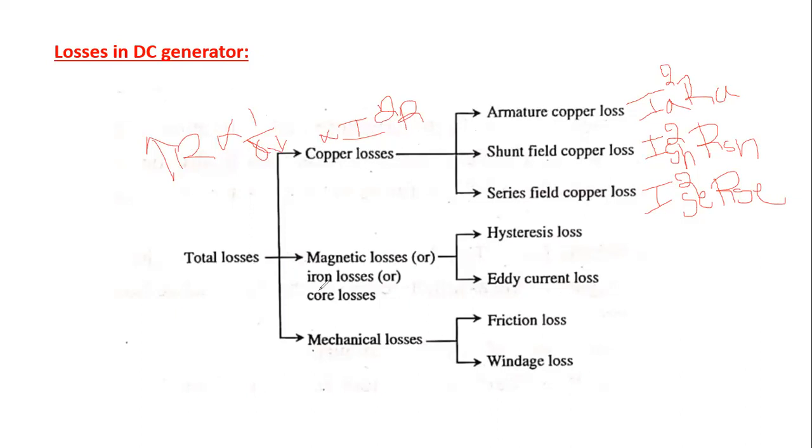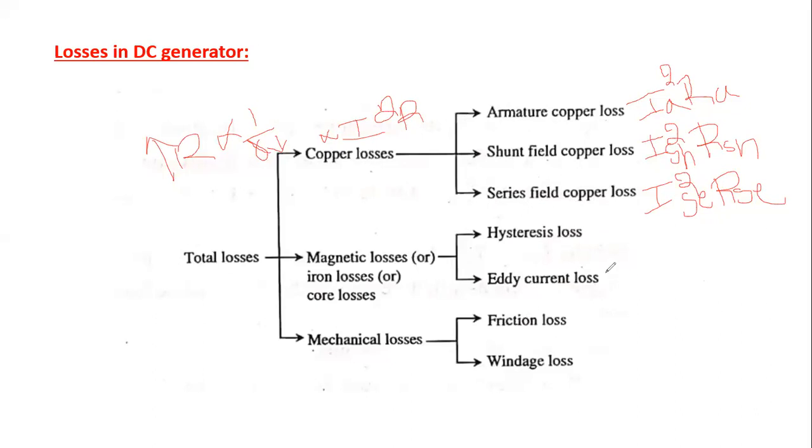Next, iron losses. Iron losses are divided into two types: hysteresis and eddy current losses. What is meant by hysteresis losses? When the flux reverses in the magnetic field, that is, the flux direction goes north to south or south to north, this type of loss is obtained.